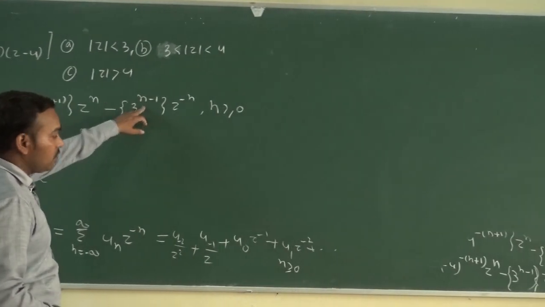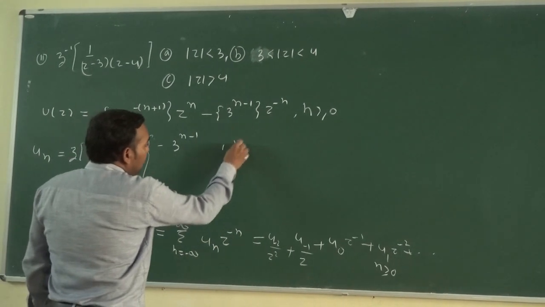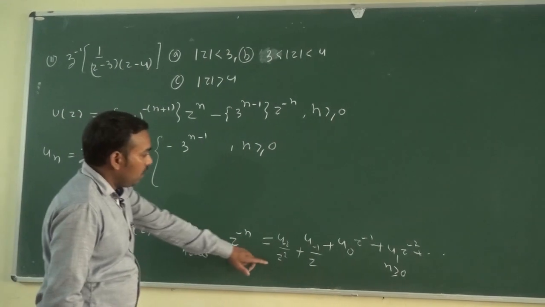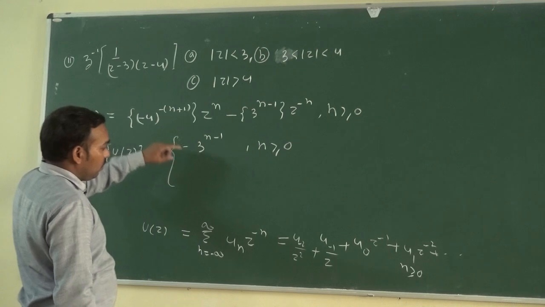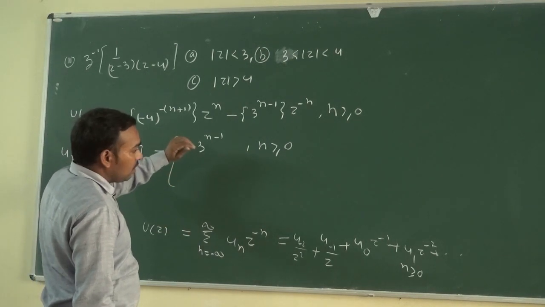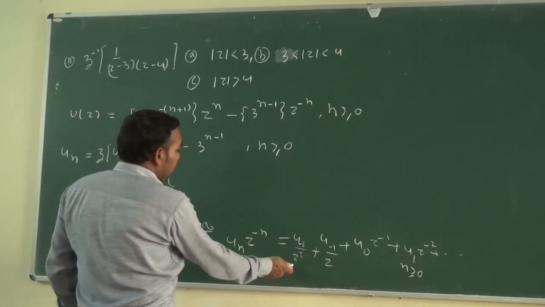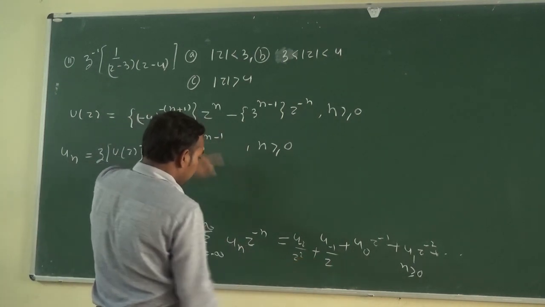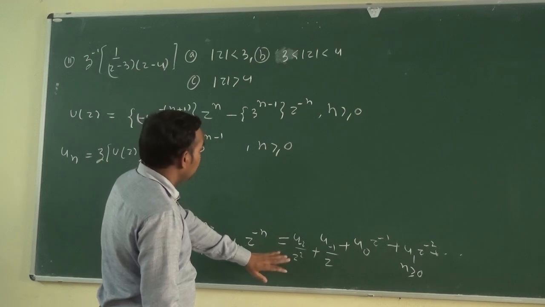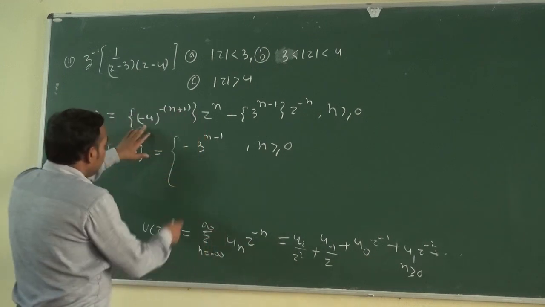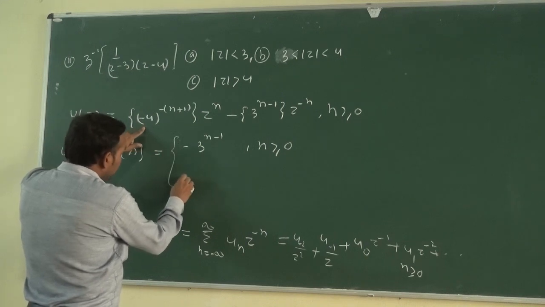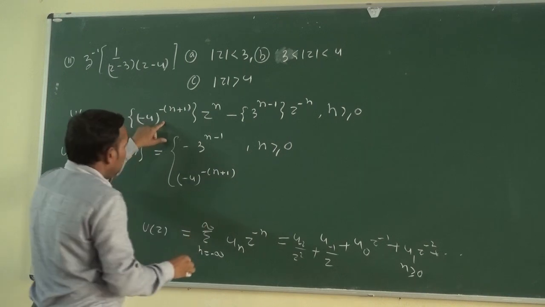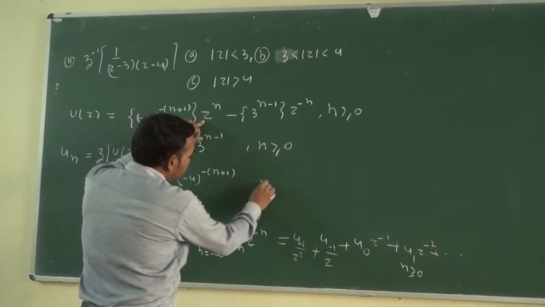For n less than 0, we get minus 4 to the power minus n plus 1.